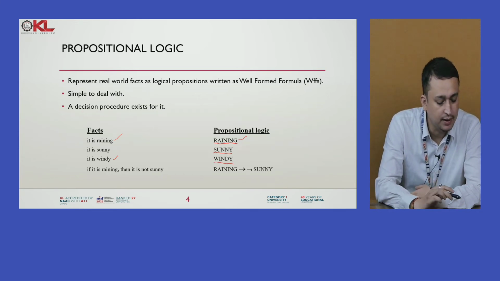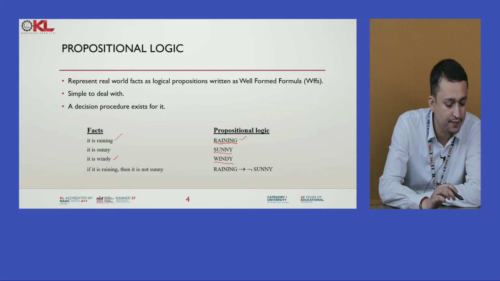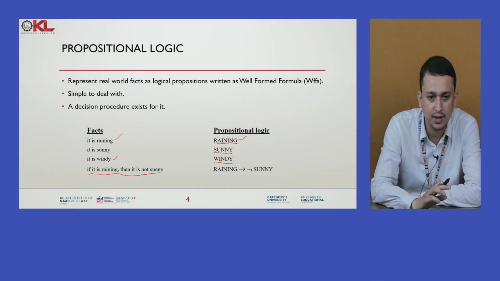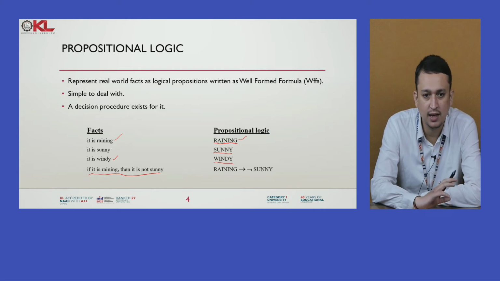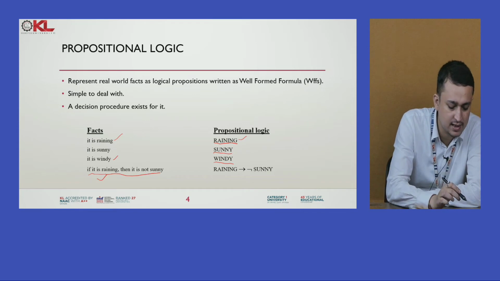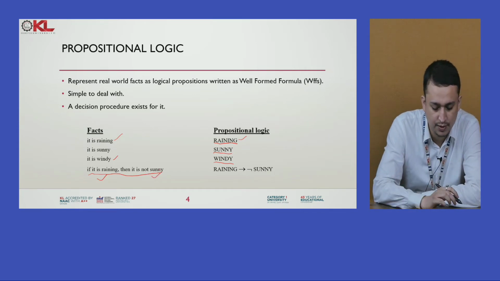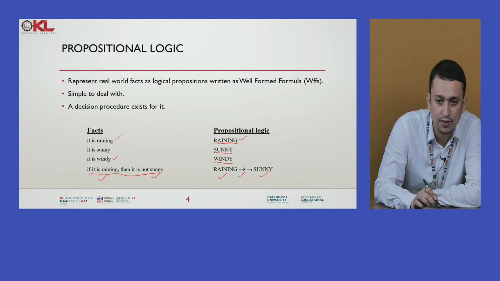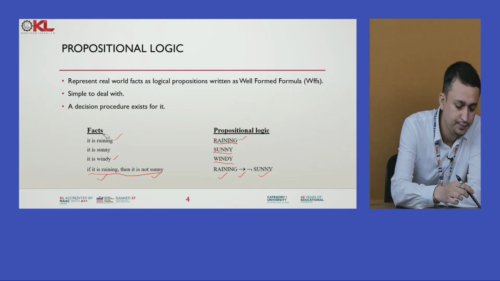Then here one conditional statement: if it is raining, then it is not sunny. Suppose the weather is rainy, then it is not sunny. That means once raining is true, sunny is not true. For representing this type of conditional statement, we use the symbol implies.